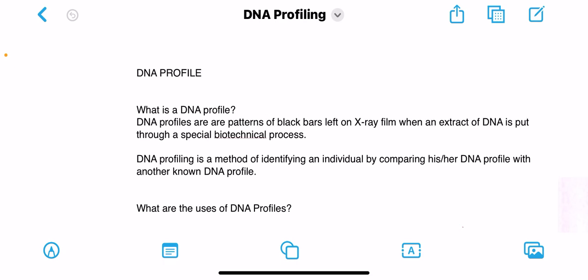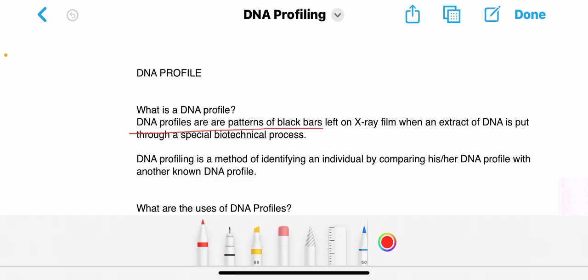A DNA profile is patterns or black bars on X-ray film when an extract of DNA is put through a special biotechnical process.